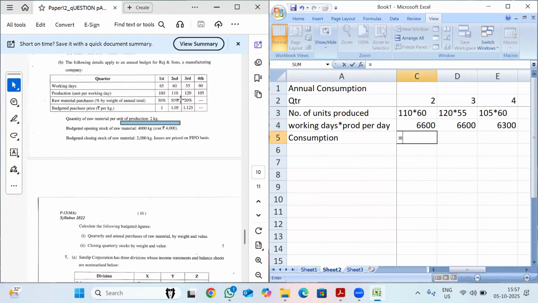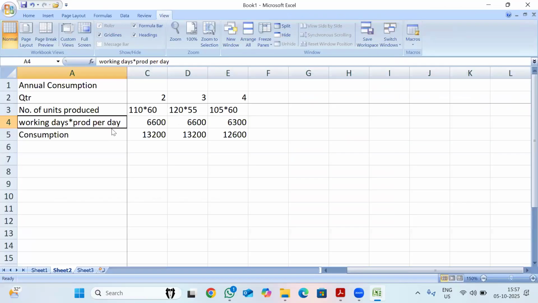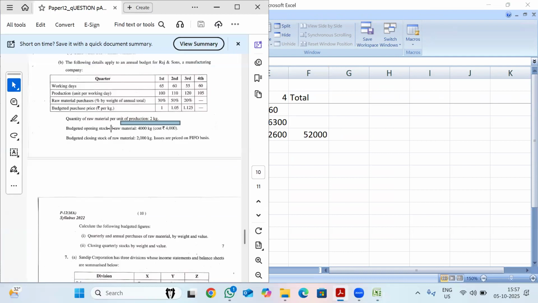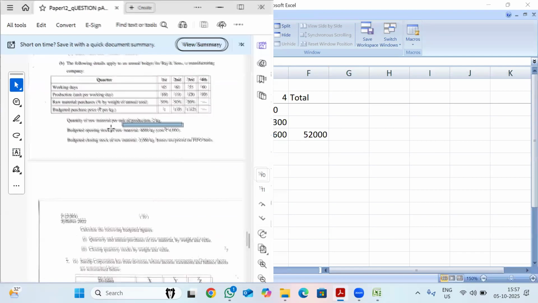So everything I'm multiplying by 2. So I will be getting my consumption here. So I received all the 4 quarters consumption. In total, my annual consumption will be 52,000 units. Okay, so now I calculated what is my annual consumption.